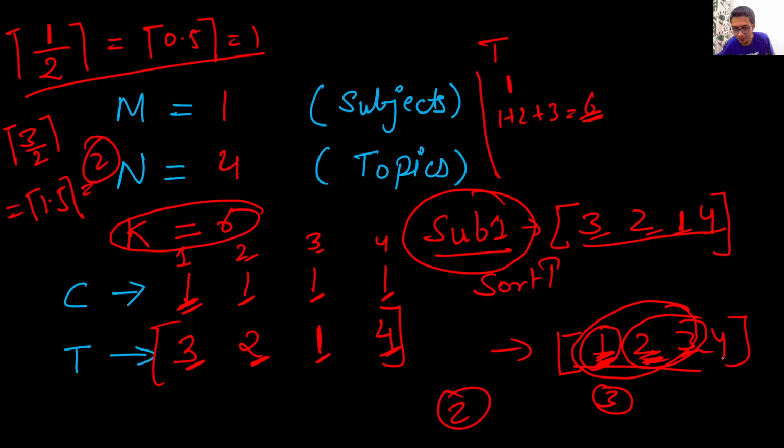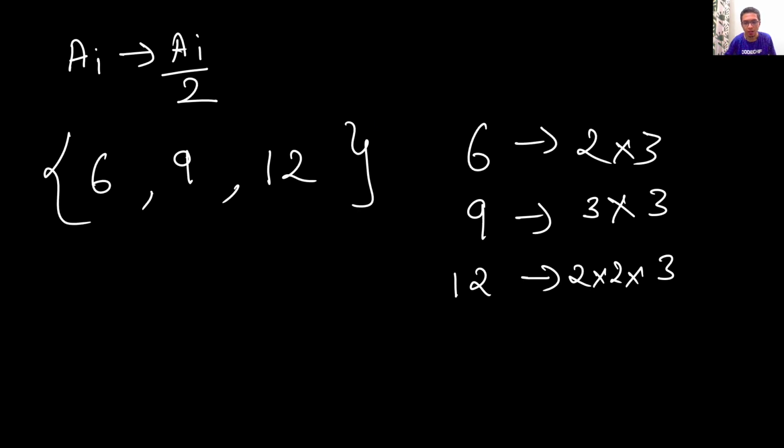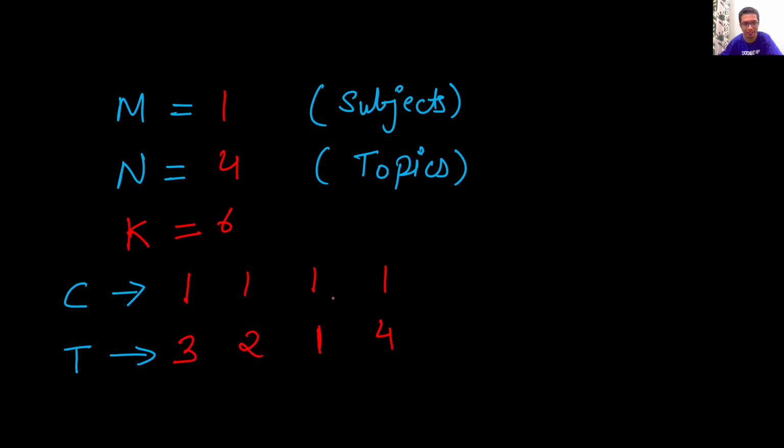If I try to take this 4, then we know that over here, the score for 3 topics is 2 and the score for 4 topics is also 2. So there is no point in taking this extra topic as it won't increase our marks. So we would simply stop here, right? We would simply stop here, and our answer till now is 2. So my final answer for this would be 2, right?